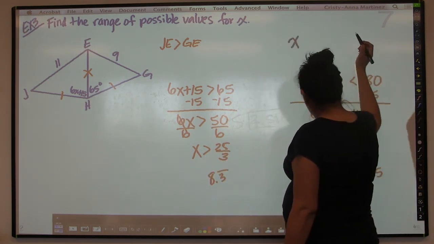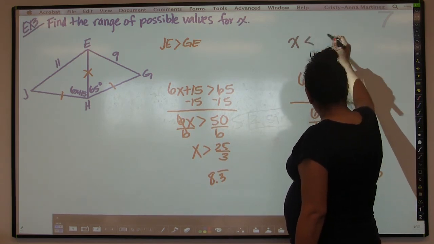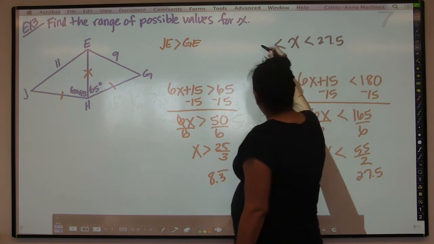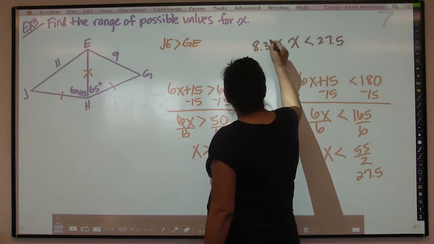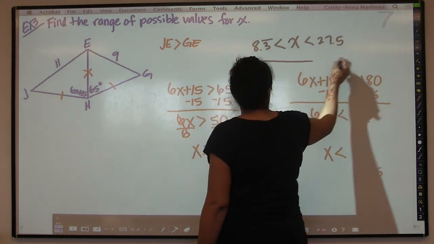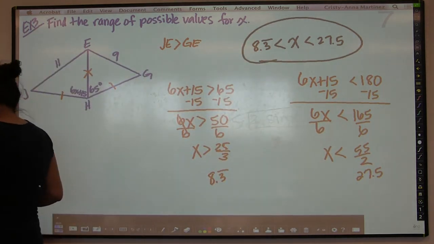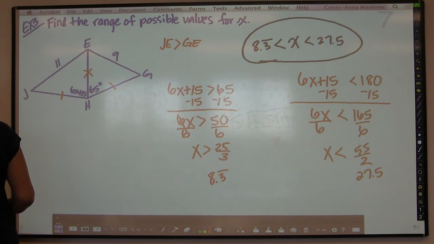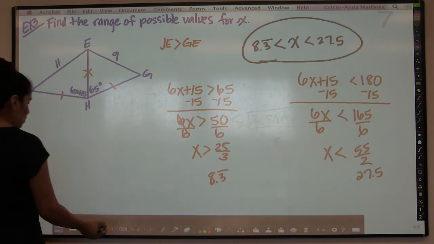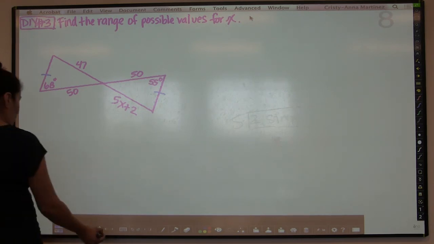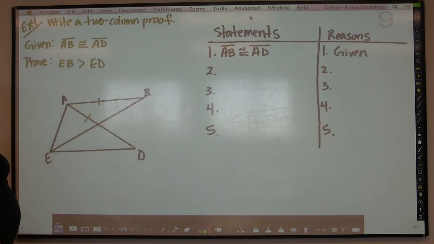We say x is in the middle, and it needs to be less than 27.5, but greater than 8.3 repeating, and that would be our range. So now we have two values within which our x value should be found. Now you will try this little guy, and then we will move on to our favorite, El Prufo.